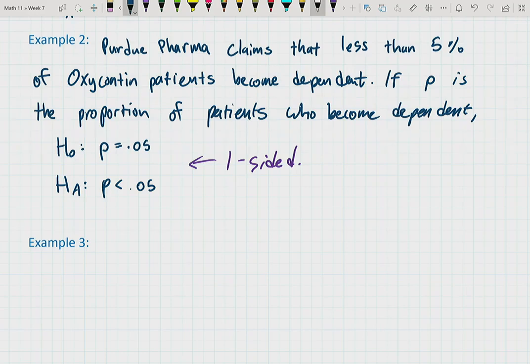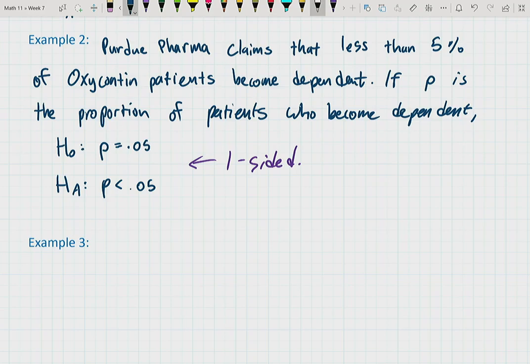So, sorry? I thought the null hypothesis would have to be if it's less than 5%, and the alternative would be retesting. There are multiple ways you can set these questions up. This example is meant to illustrate the one-sidedness of the hypothesis testing, and I could maybe rephrase it as, let's say the accepted rate of medication dependence is 5%.